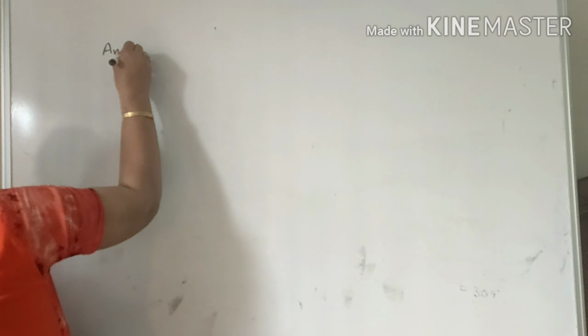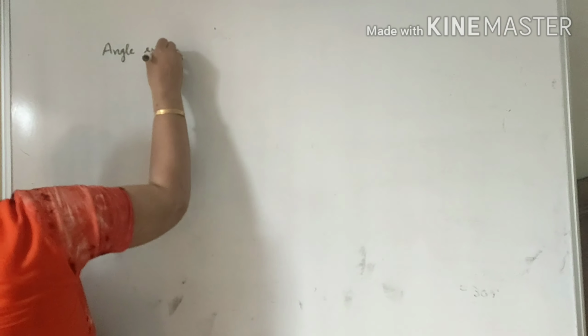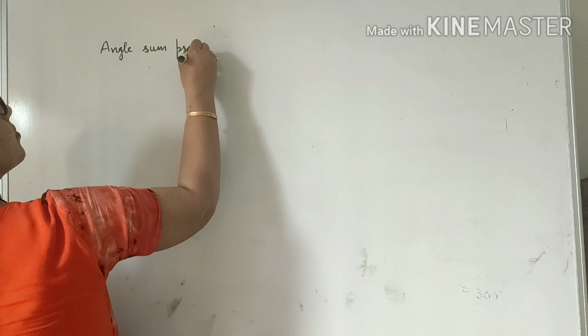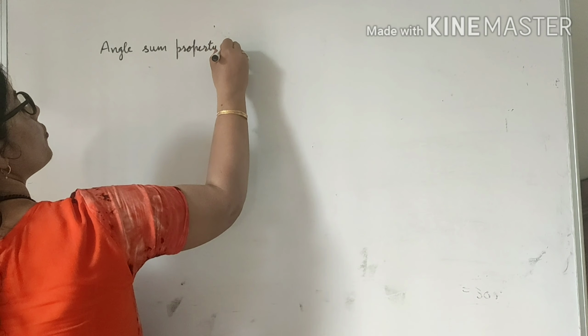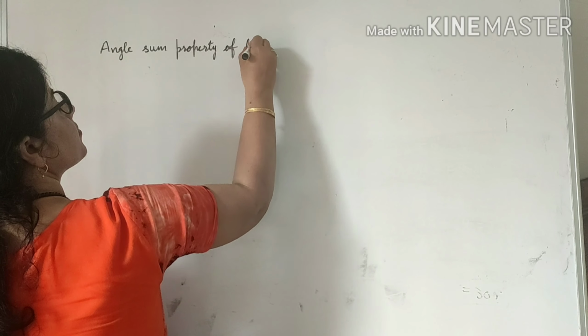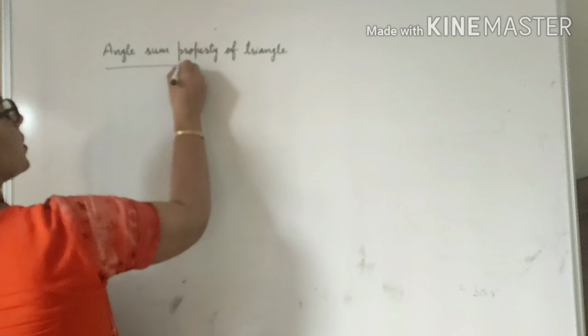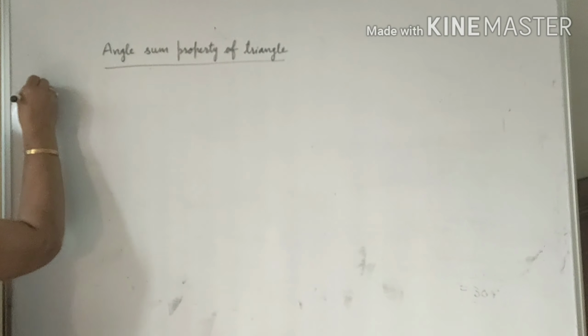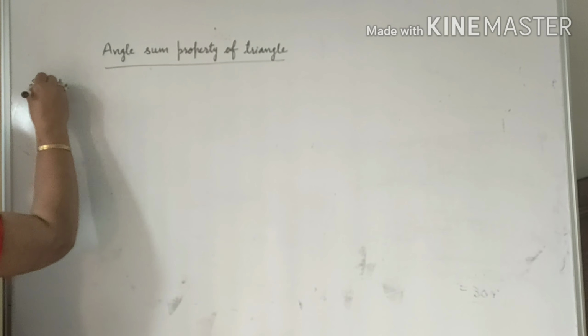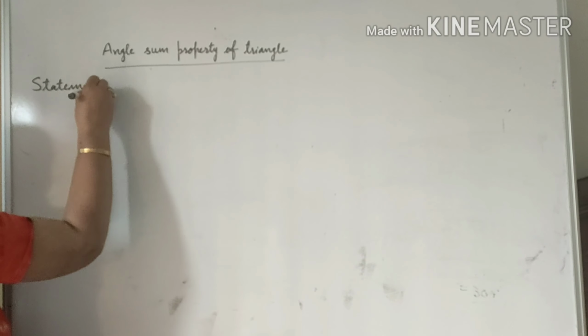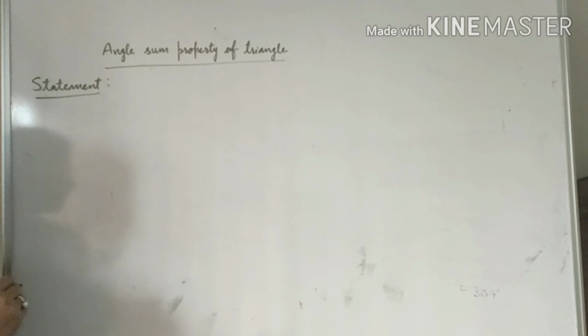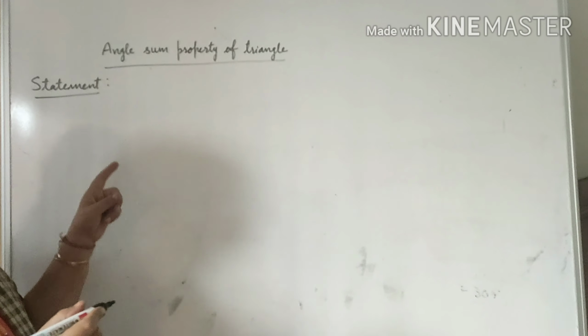Angle sum property of triangle. This theorem we are doing. First we will write the statement. This theorem also you have to learn, as I told you about one theorem earlier also.